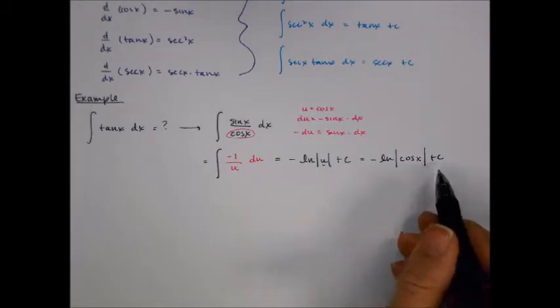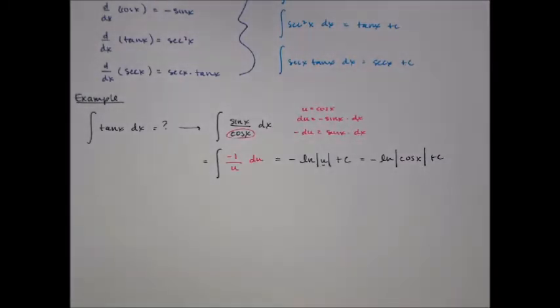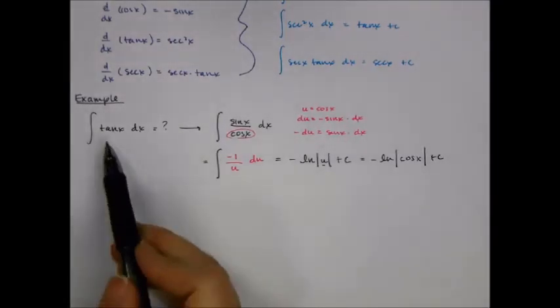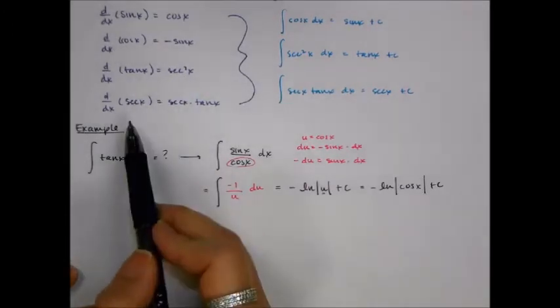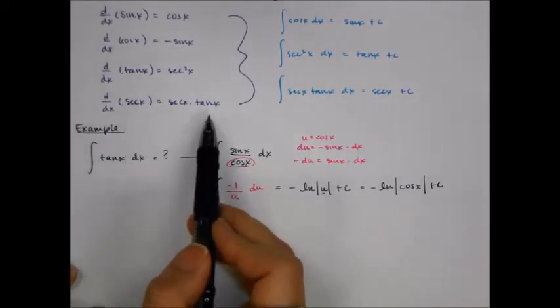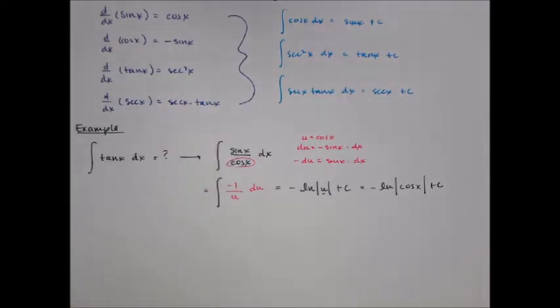That's not a very pretty formula for us to work with because we usually associate tangent with secant. Notice the derivative of tangent is secant squared. Secant's derivative is secant times tangent. Even in our Pythagorean identities, tangent squared plus 1 is secant squared. So what we're going to do is use our log property.